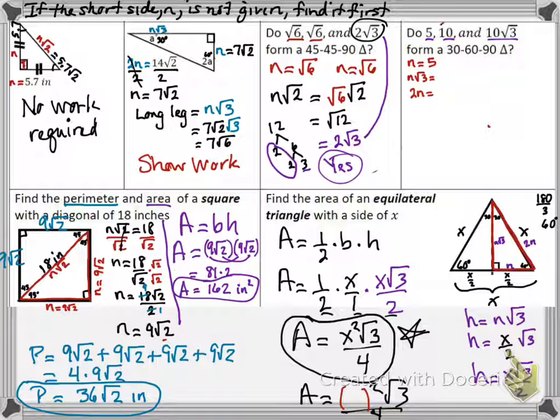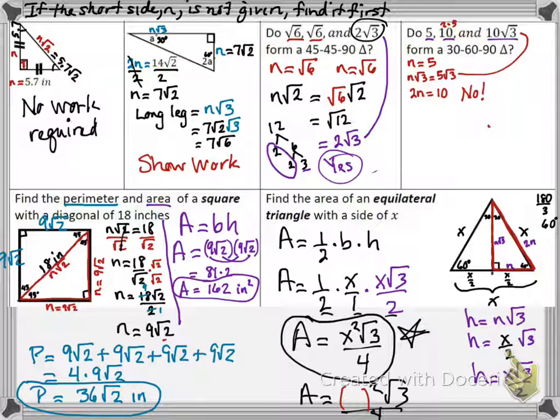This one looks like 2 times 5, so I could call that my 2n side. And then my other side would have to be the n root 3. Unfortunately, the other side they gave me isn't root 3 times the short side, it's root 3 times the long side. Since it doesn't fit that pattern, I have to say no to that question.